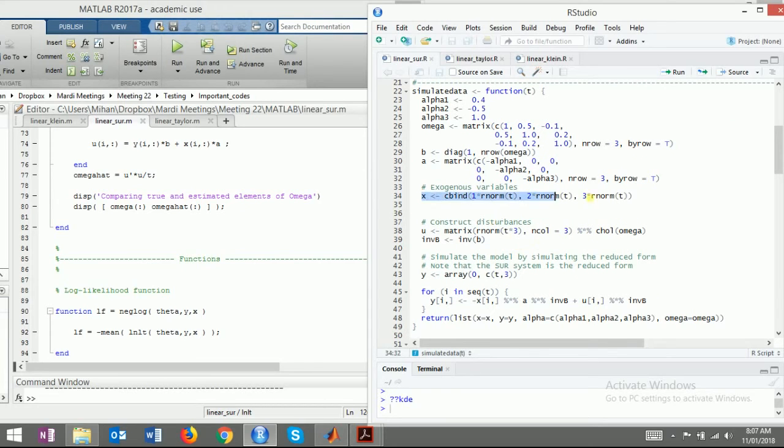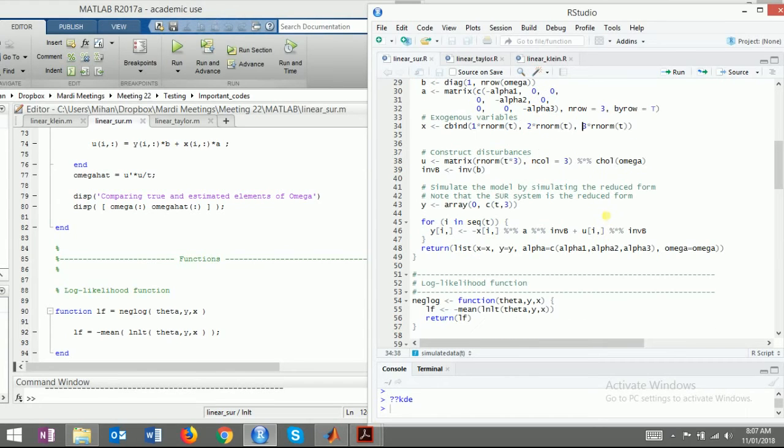The exogenous variable is being created randomly, the disturbances are being constructed with Cholesky decomposition, as well as the exogenous variable. Then using the disturbance and the exogenous variable, we are simulating the result for y, and then we are simply asking the function to return this.